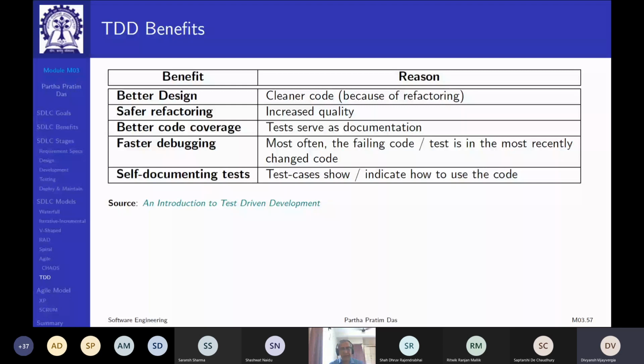Code coverage basically means that given a software and a set of tests, if you run the software on the tests, what are the source lines that get executed at least once?